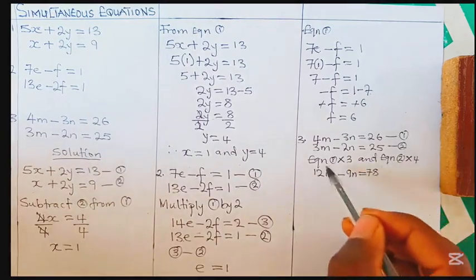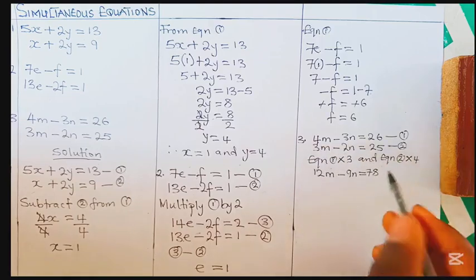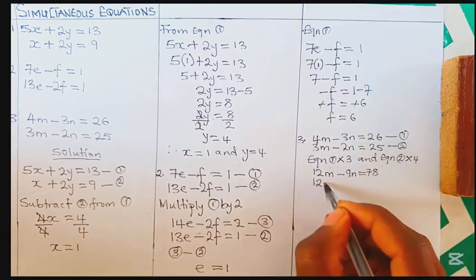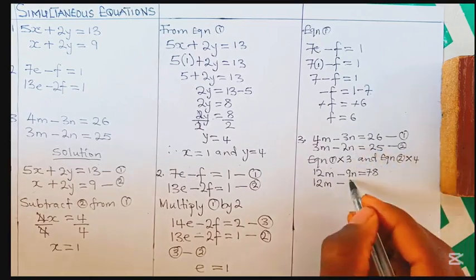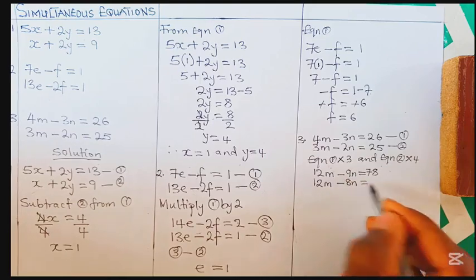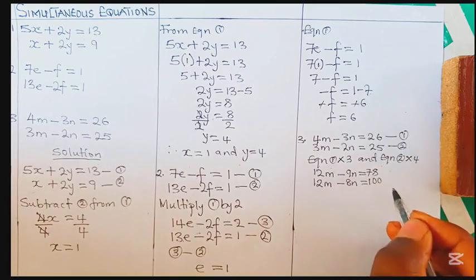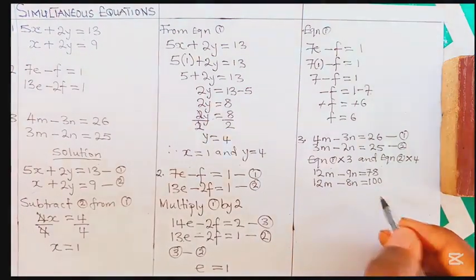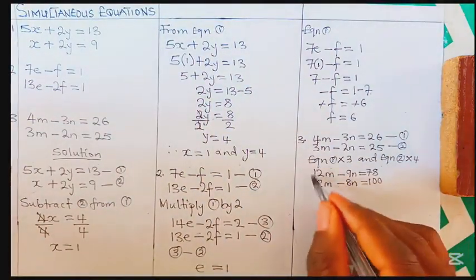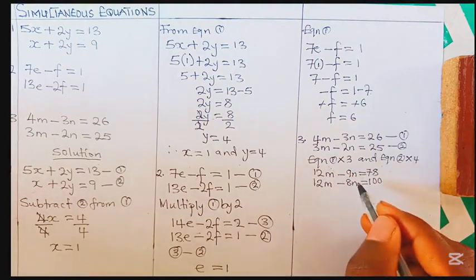And then equation 2, we are multiplying by 4. 4 times 3m, we have 12m, minus 4 times 2n, we have 8n, is equal to 4 times 25, we have 100. So now we have 12m in both, so we can eliminate.